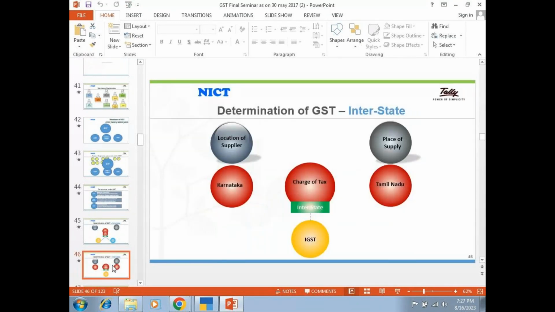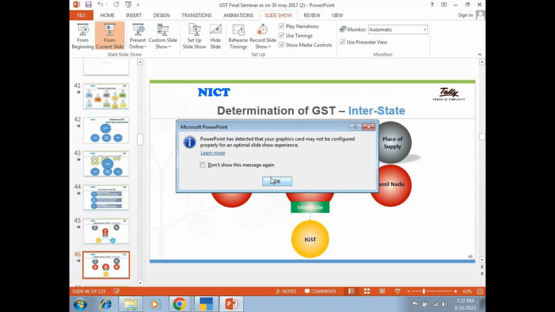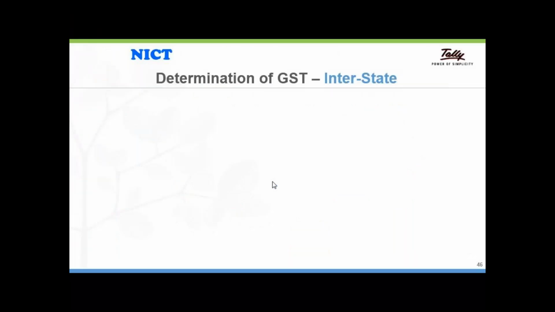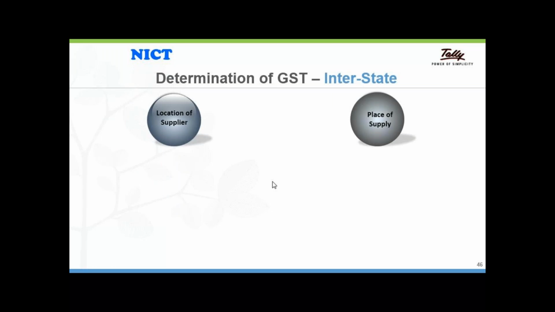The supplier is in Chennai, Tamil Nadu. So interstate. You can just make a small note of this, or you take a snap also if you want. Location of supplier, Karnataka.